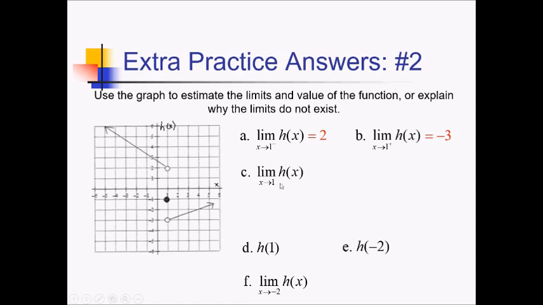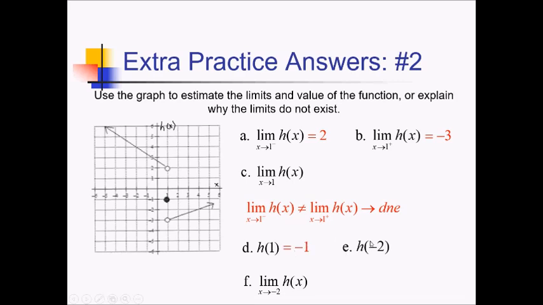And now as x approaches 1, this is the two-sided limit. Because we're approaching different things from the left and the right side, this one does not exist. Those don't match up, DNE for that one. Next, h of 1, that's the solid dot at x equals 1. That's this dot right here, so that's going to be negative 1.